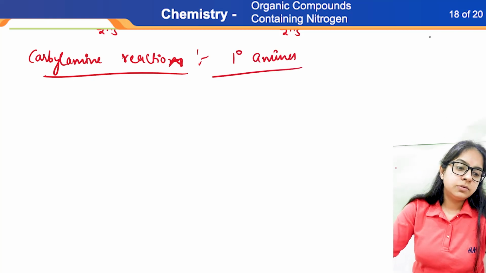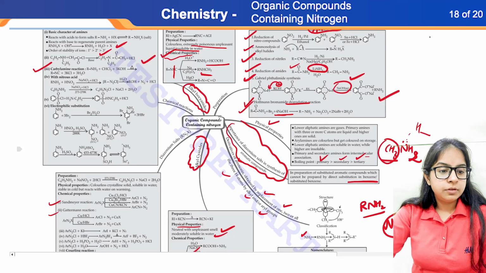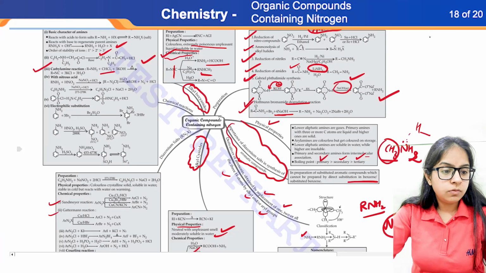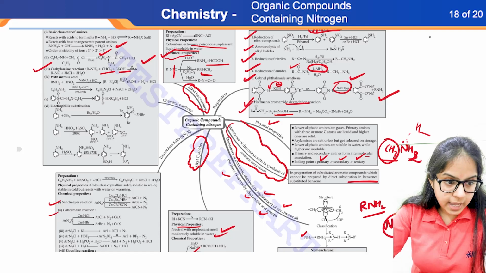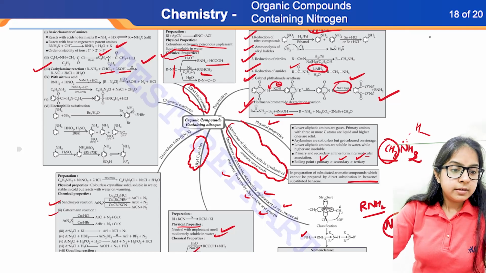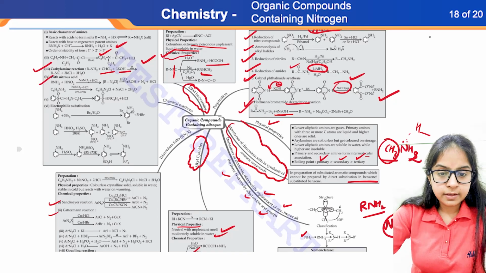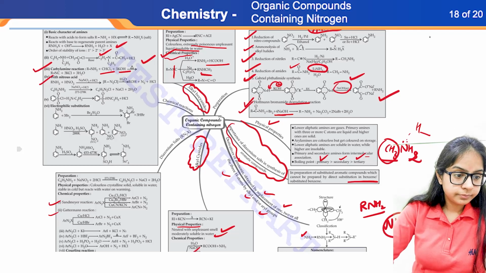If there is a primary amine RNH2, in the presence of chloroform and KOH, you will get alkyl isocyanides, which have a very bad smell, and KCl. Okay, the next one is the reaction with nitrous acid, and this is also a very important one.